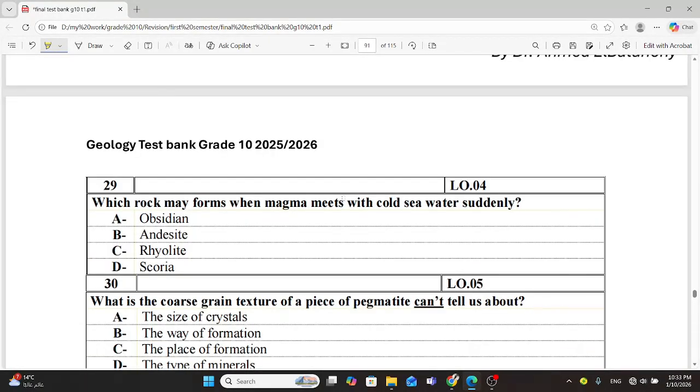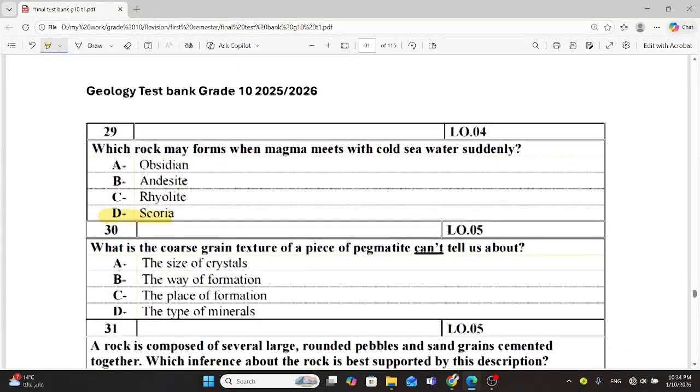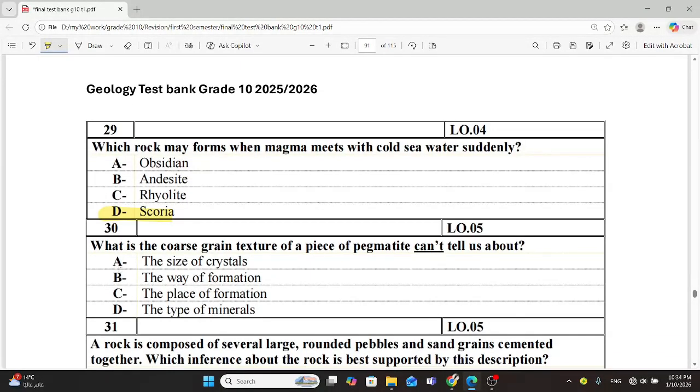Which rock may form when magma meets cold sea water suddenly? Obsidian, andesite, rhyolite, or scoria? It will be scoria.